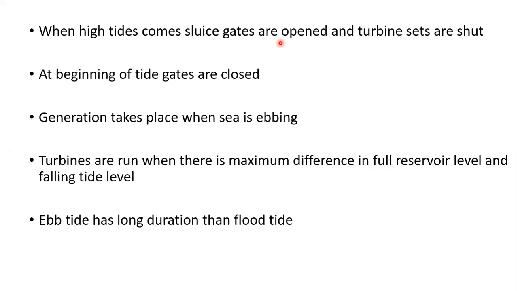When the water is flowing back, we cannot run the turbine. If you are able to generate power with the turbines both when the water flows into the reservoir and when it flows back to the sea, then it is called a double cycle system.